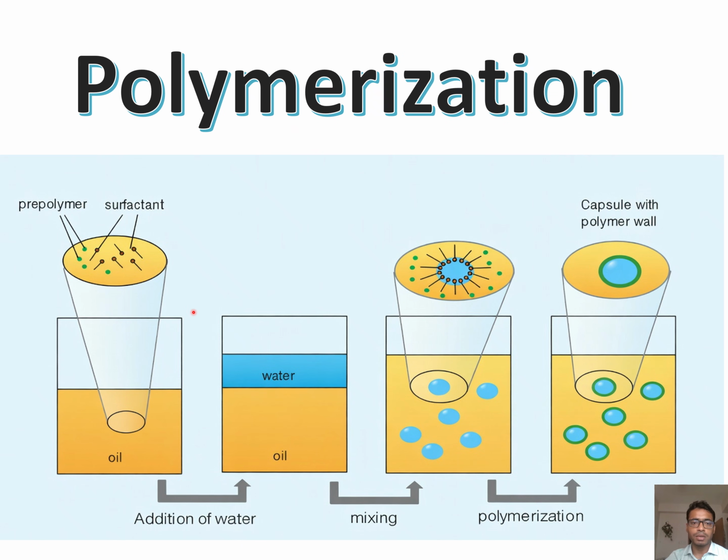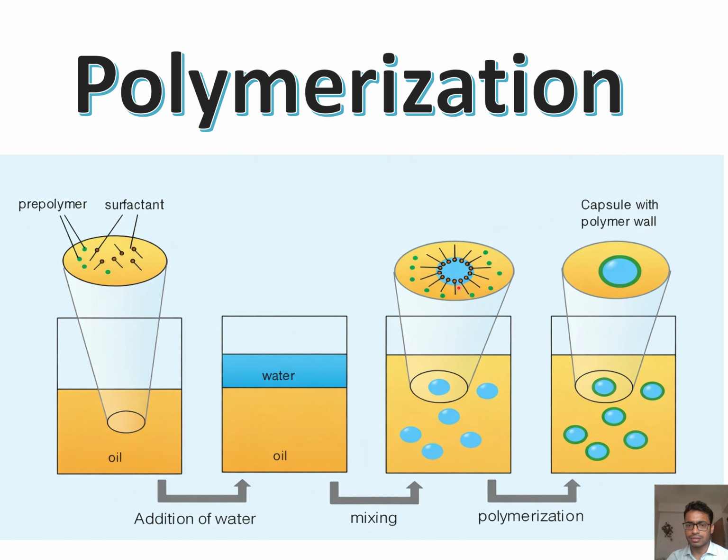So the overall process of polymerization has been shown. That is the pre-polymer, that is the surfactant, this is the oil. So the water phase is added. Then upon mixing, this type of emulsion will be formed. Then polymerization will happen. You can see several monomers, the dots. With the help of the surfactant, they are getting added with water.